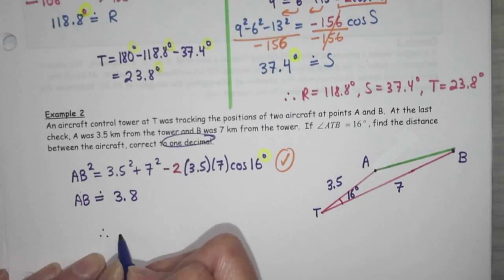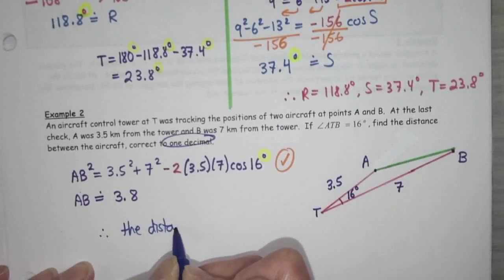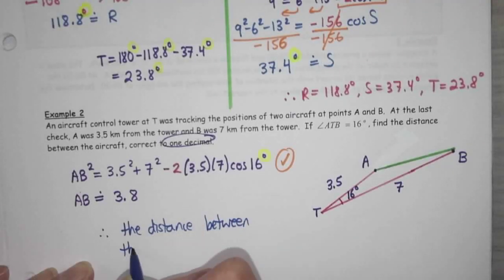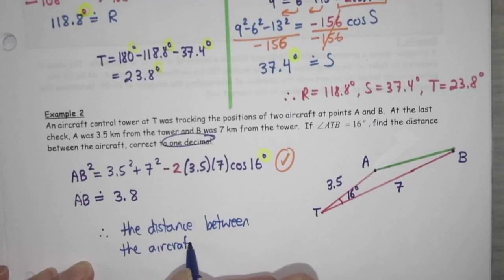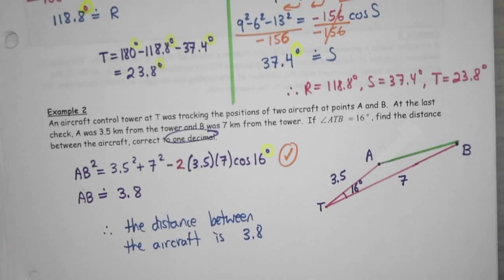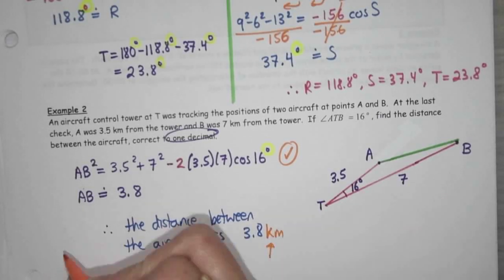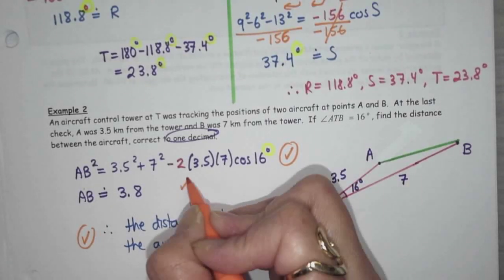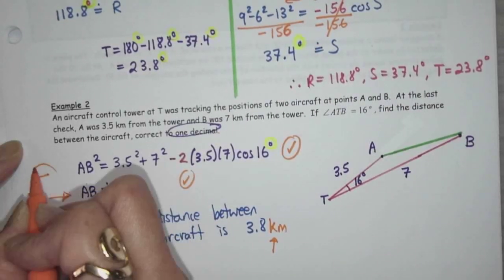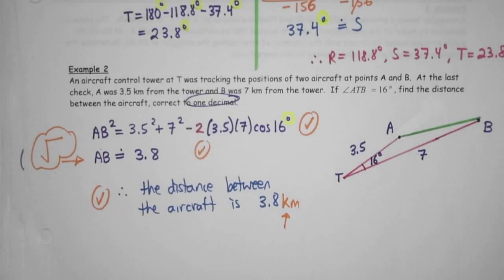So it would be therefore, find the distance between the aircraft is 3.8, and you're going to make sure you add the units. Always do the units, and it's kilometers, right? So make sure you do a sentence. So I just need the formula, your answer, making sure that you did the square root. So that's my brain going square root. People forget that when they're doing the cosine law.